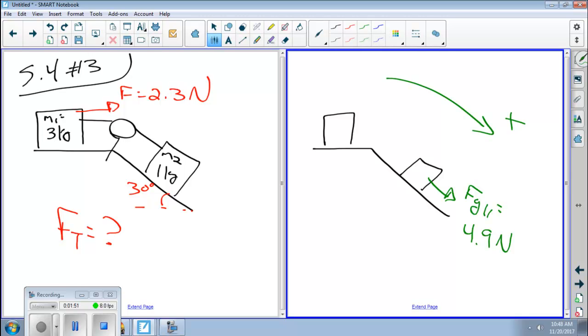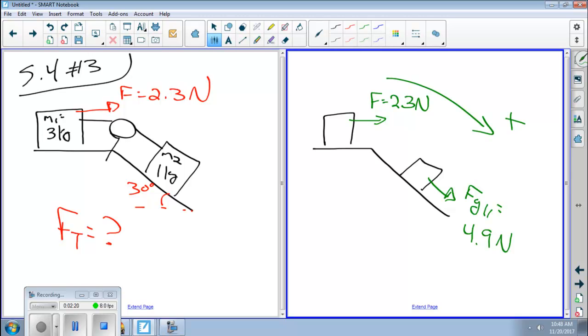Now, we've also got this force over here that's 2.3 newtons, and the problem wants to know the tension in the cord, right? I would start by making sure that the rope doesn't go slack. Isn't it possible that the rope might go slack?